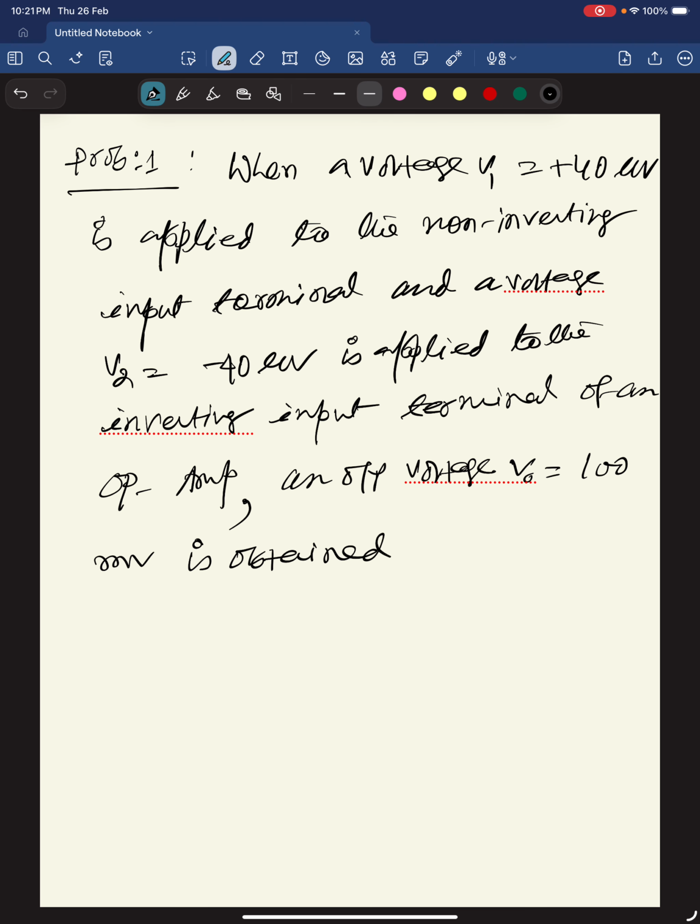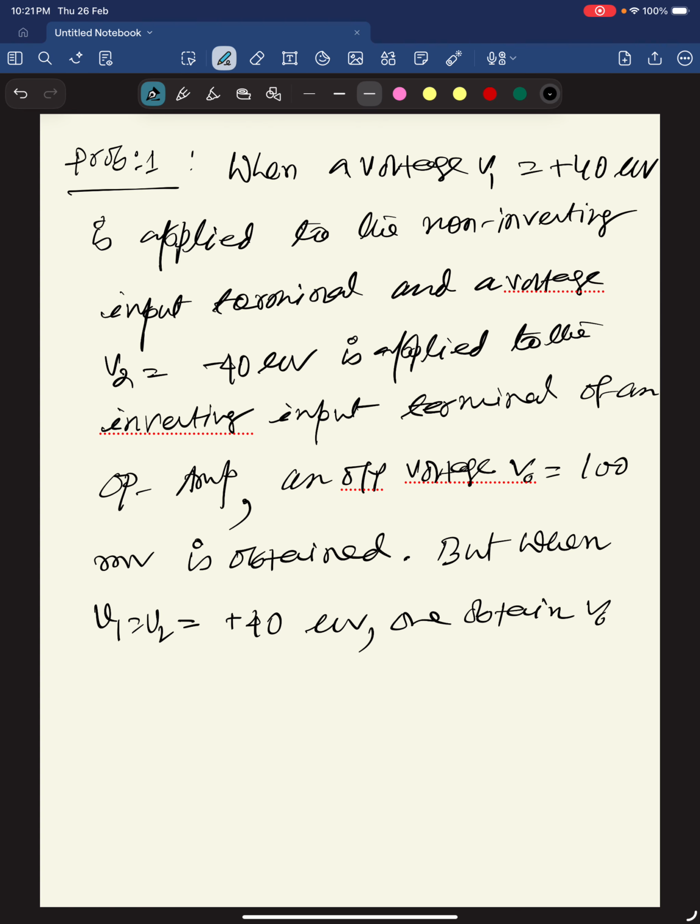But when V1 equal to V2 equal to plus 40 microvolt, one obtains V0 equal to 0.4 millivolt.